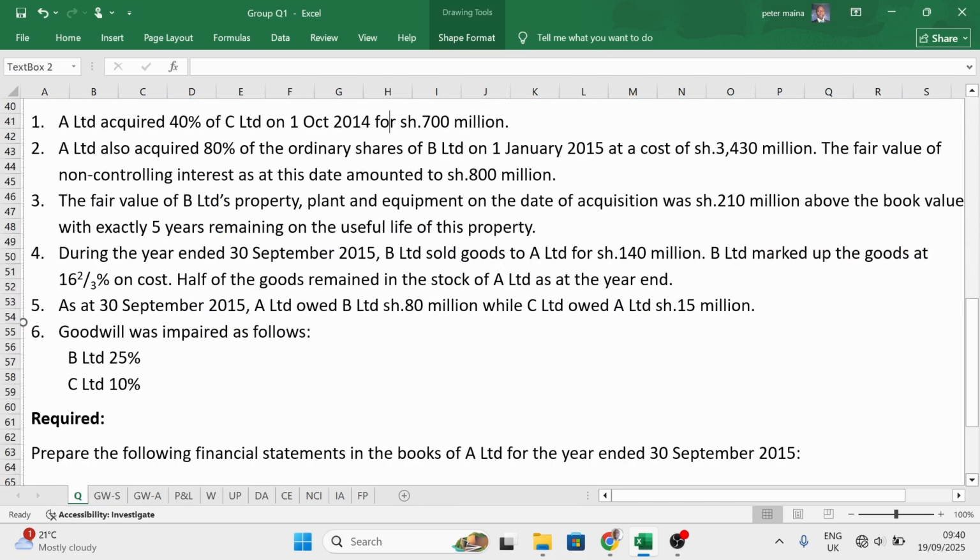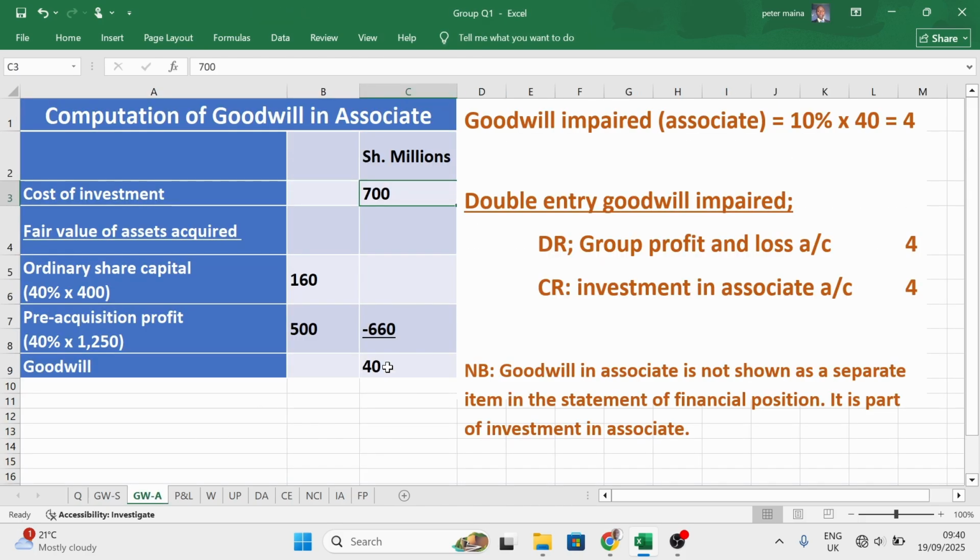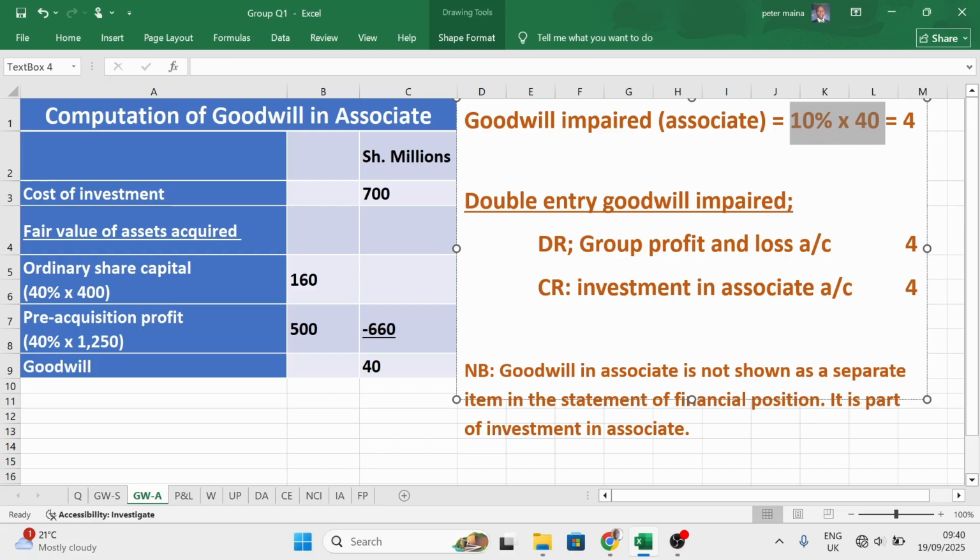That is in point number 6. Goodwill was impaired as follows. C Limited 10%. So that 40 million shillings that we have found, we are going to take 10% of it to be the goodwill impaired. So it is going to give us 4.